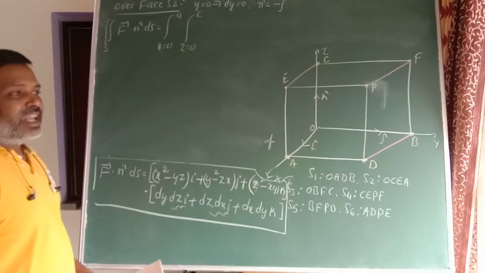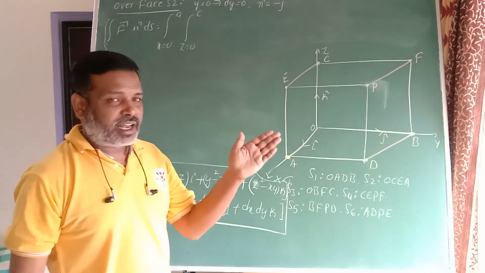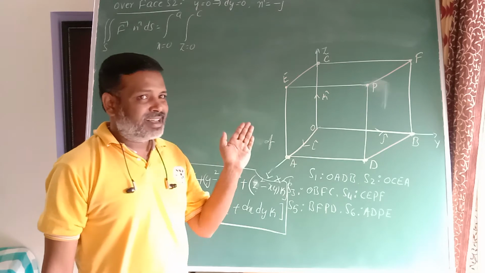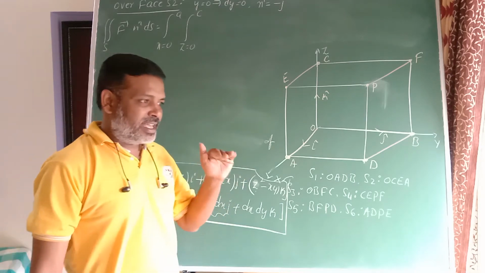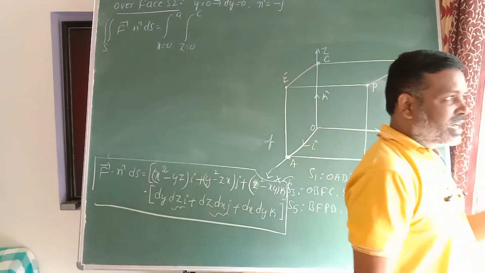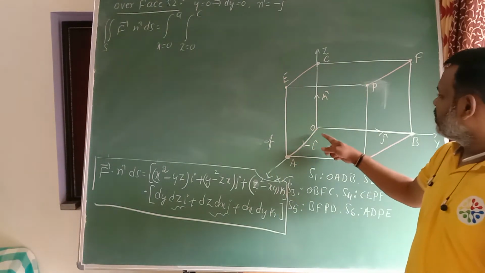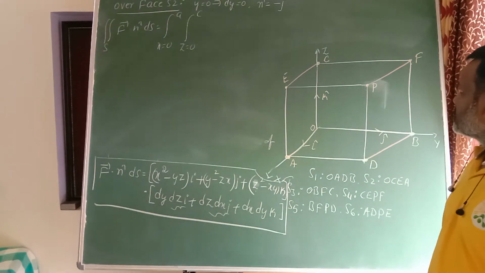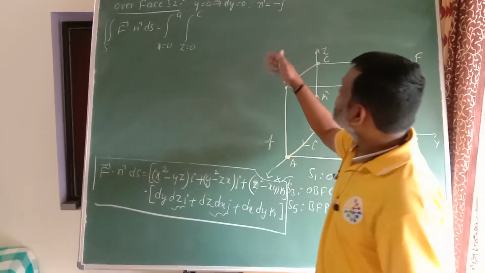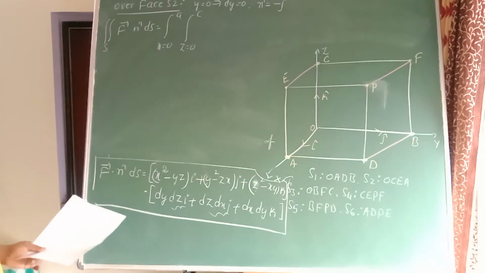They are given that x is greater than or equal to 0 and less than or equal to a, y is greater than or equal to 0 and less than or equal to b, and z is greater than or equal to 0 and less than or equal to c. That means x varies from 0 to a, y from 0 to b, and z from 0 to c. So over the face S2 there is the opposite of the y axis. Therefore y is equal to 0, which implies dy is equal to 0, but y appears in the back side, therefore n cap is equal to minus j.